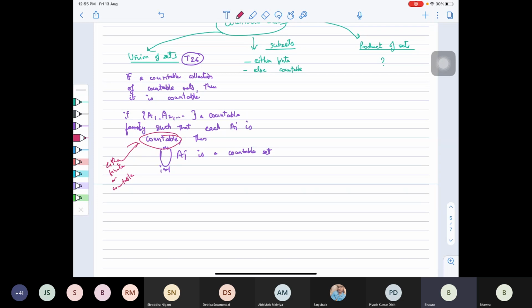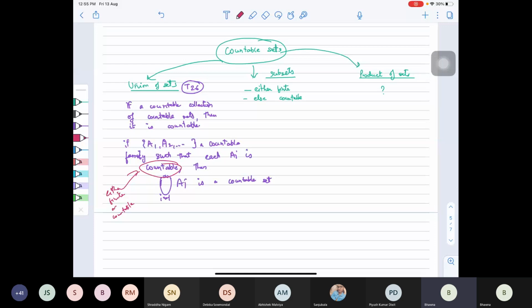So suppose we know that N is countable. If I take N cross, okay, it's a different thing. I think we will see an example of this in the tute sheet. In the tute sheet, there are examples.